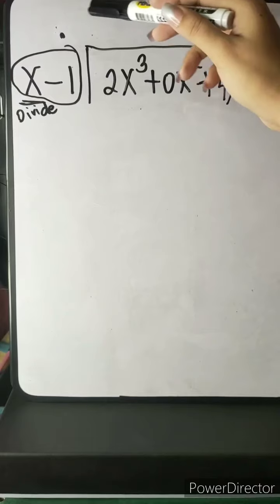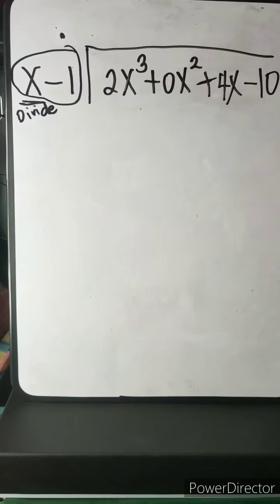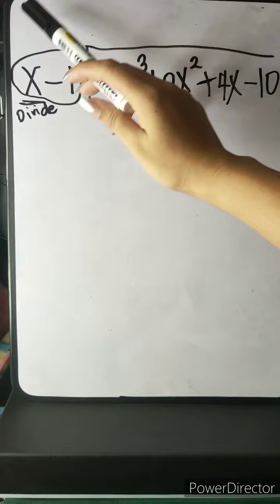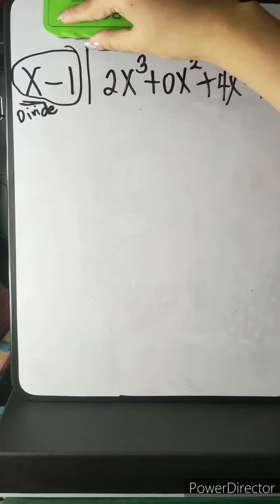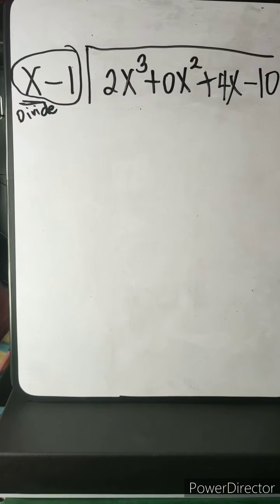And then, kapag minultiply natin, imumultiply natin, hindi lang dun sa dinivide natin, pati dun sa kasunod niyang term. So, kapag 3 terms to, ganun din. Didivide natin sa first term. Pag minultiply natin pabalik, we will be multiplying it on all terms. Yan. Okay? Papakita ko po sa inyo yan.